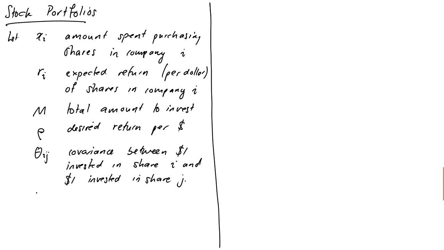So let capital theta, in case you haven't come across that symbol before, be the covariance matrix, with elements theta ij. It's just a collection of all these theta ij's.